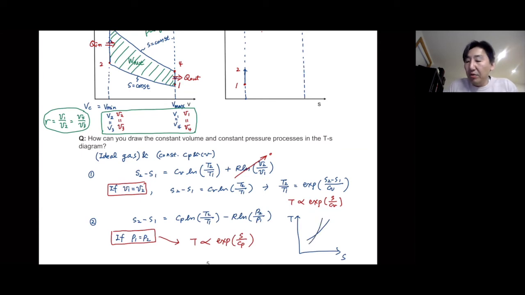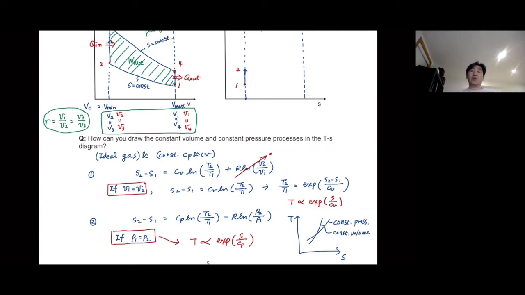Okay, and that is the constant volume process and the constant pressure process, which is less stiff than the constant volume process.